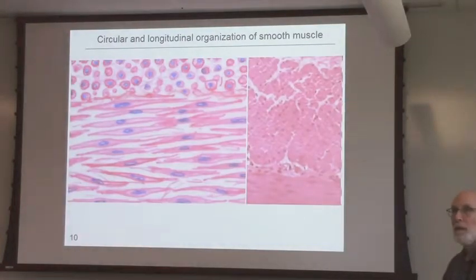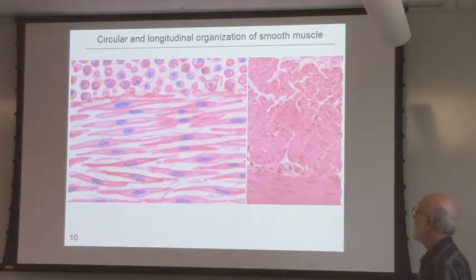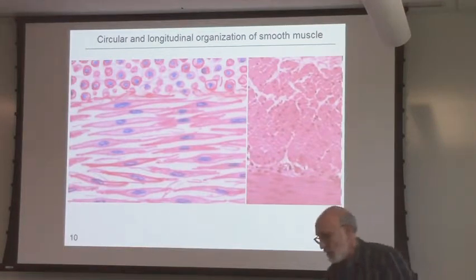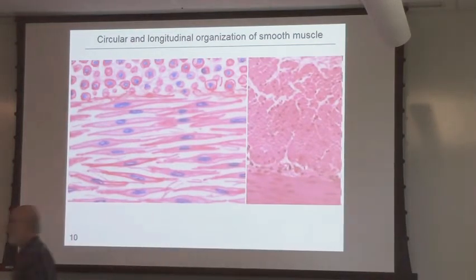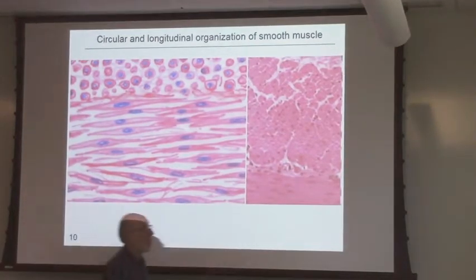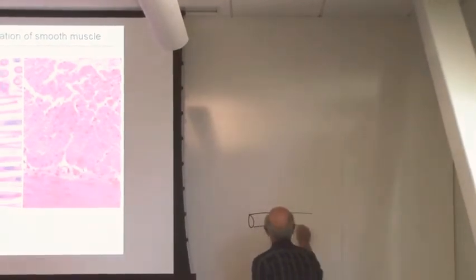For cardiovascular, smooth muscle lines the arteries and veins. It lines other tubes in your body too, which we'll get to. There is longitudinal smooth muscle and circular smooth muscle. So if this is a tube, let me use my limited artistic skills. So here is a tube.